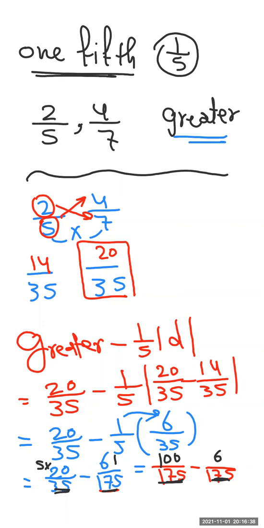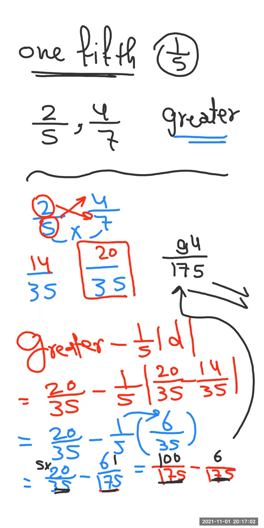So now the number will equal 100 minus 6, it will be 94 over 175. So this will be the number.